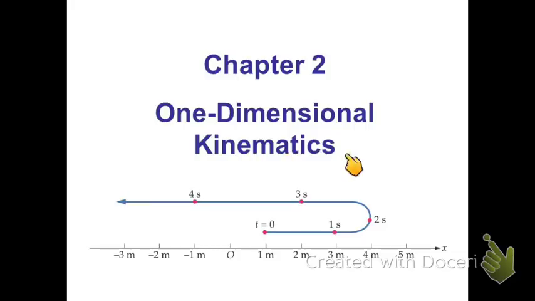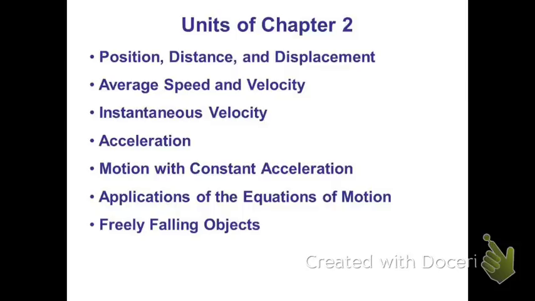You may wonder what kinematics is. Kinematics deals with the motion only, not its causes. It usually deals with the trajectories of the objects. And here you see the units of chapter 2. We will define position, distance, and displacement, and the differences between them; for example, the difference between position and distance is very important.